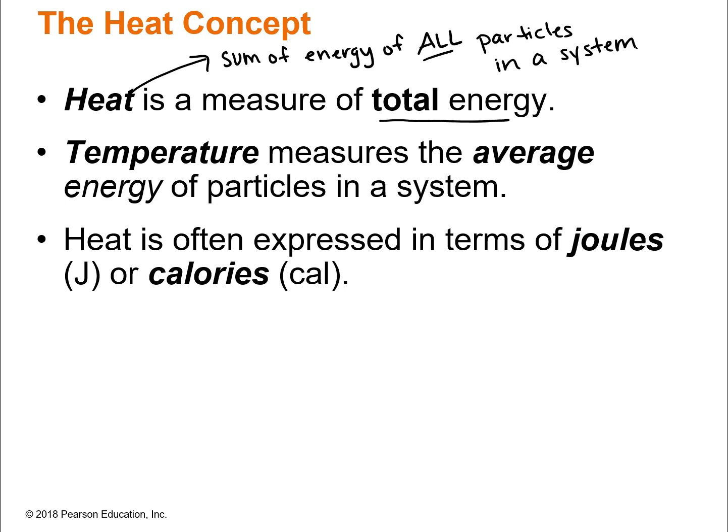Now calories, you probably think, I think I know what that is. Calories you normally see on nutrition facts with a capital C. But it's actually not the same thing as the lowercase c.